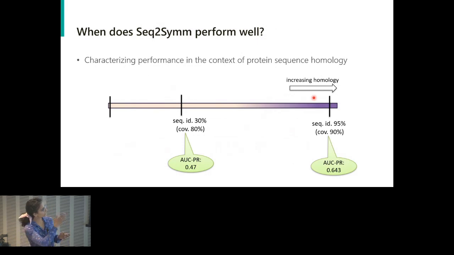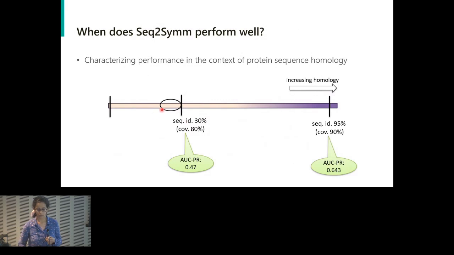Now, if you extrapolate between these performance numbers, you can guess what the performance would be somewhere in between, between 30%, which is at the edge of homology, and the other extreme, which is certainly homologous. To the left of this point is what is called the twilight zone of homology, which means that there can be chance similarity between proteins that are not homologous.